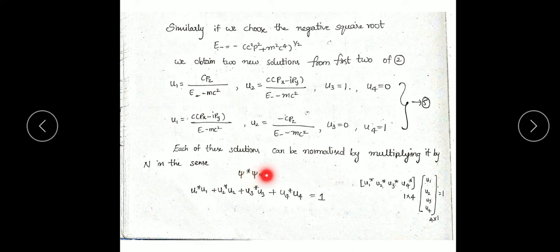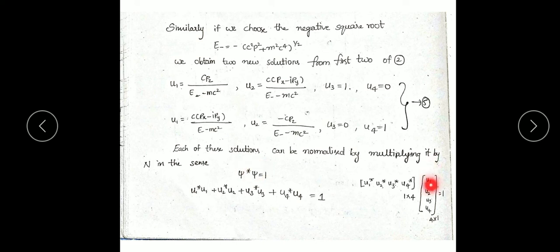So what normalization constant do we need to multiply so that xi star into xi is equal to 1? Now we need to normalize this wave function. xi star is nothing but the transpose conjugate of xi.